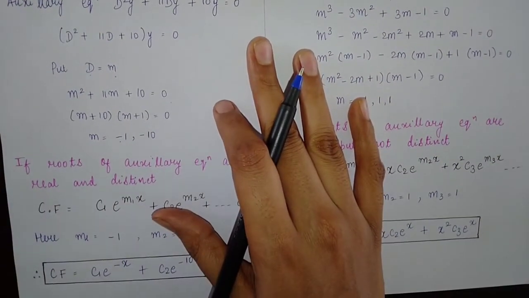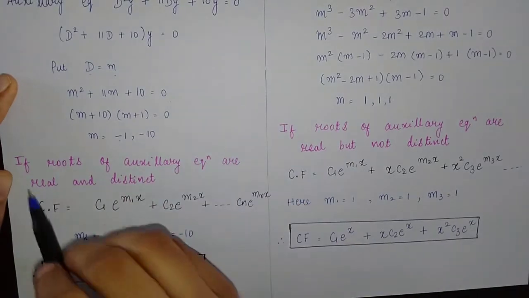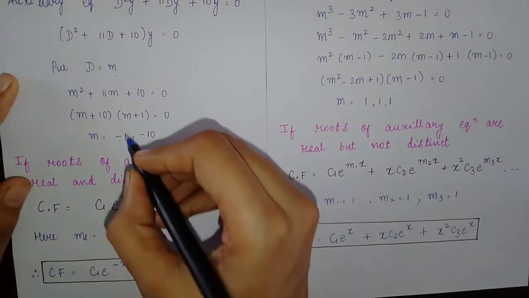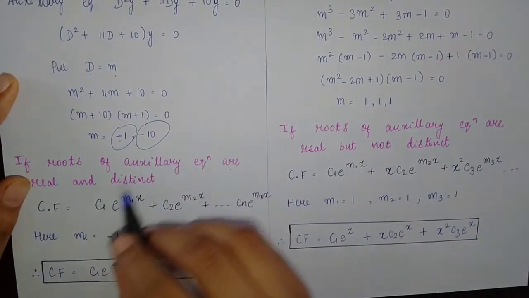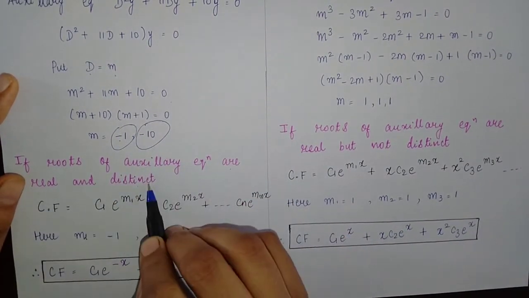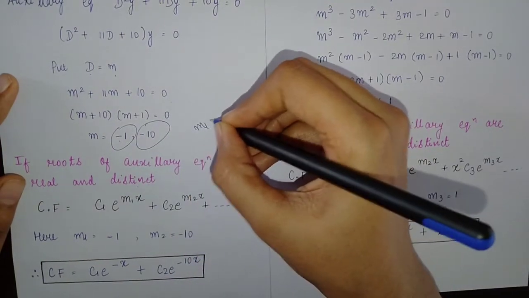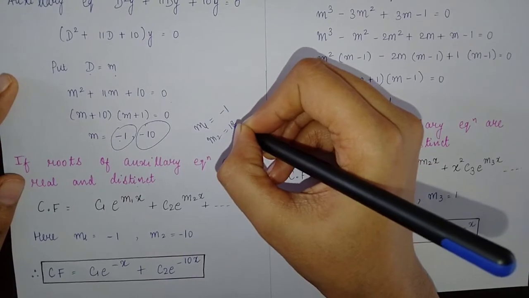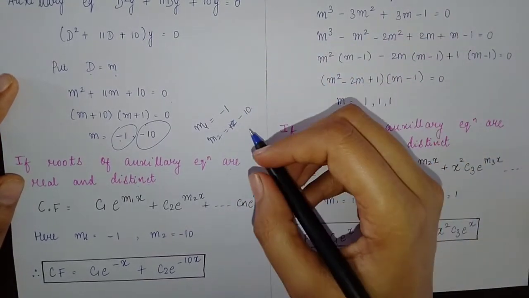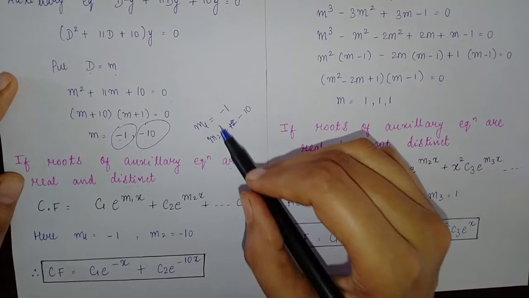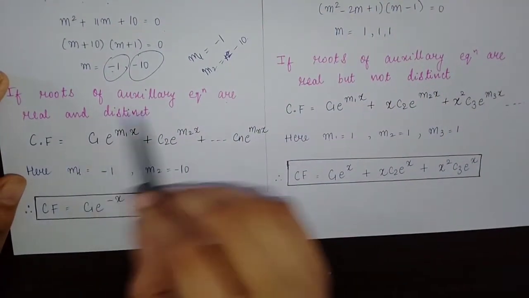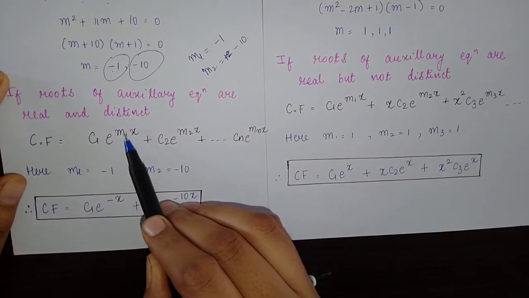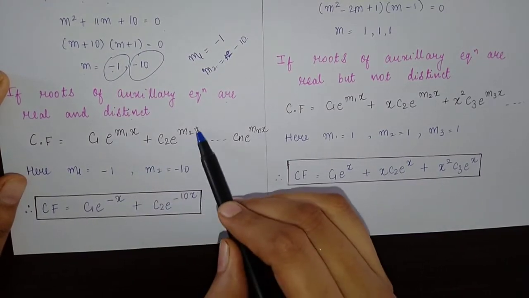So, case number 1 is that if the roots of the auxiliary equation are real and distinct. You can see that the roots are real and distinct: m1 is minus 1 and m2 is minus 10. From that you can find the complementary function CF equal to C1 e raised to m1x plus C2 e raised to m2x, and so on.